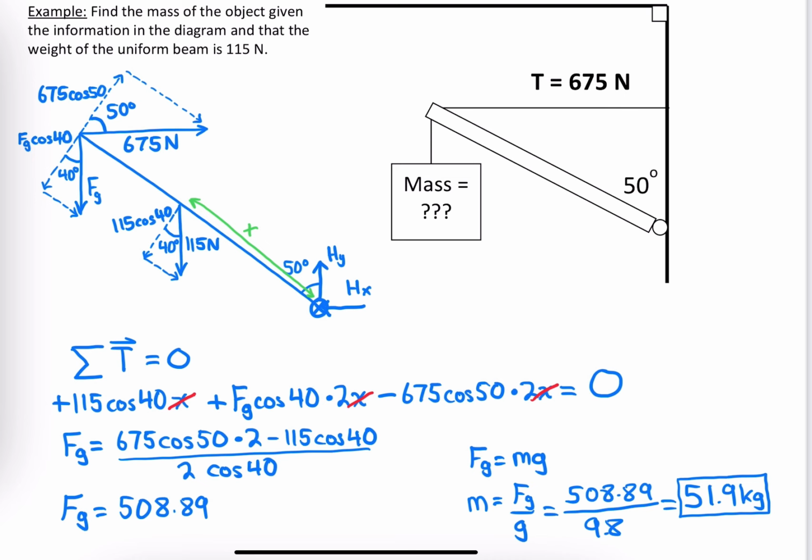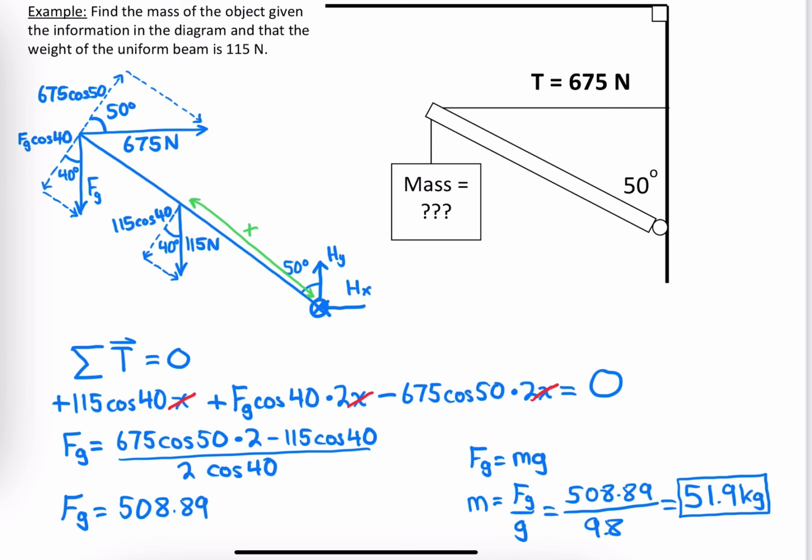Okay, so quick recap. We drew a free body diagram. Any forces that weren't perpendicular to the distance from the hinge, we split into components. So we had a perpendicular component for all of those forces.